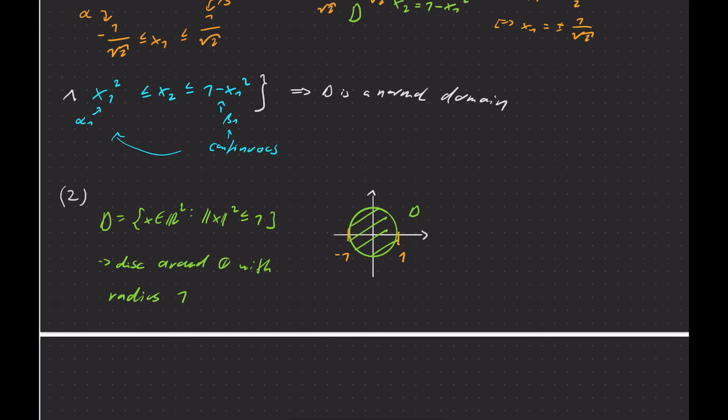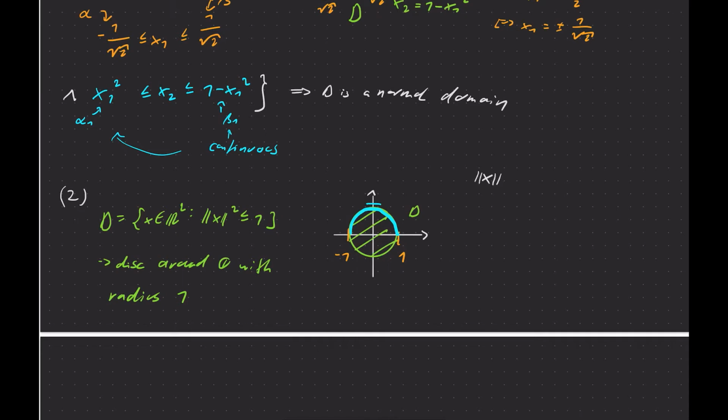And here, for example, this curve would provide an upper bound for x2, depending on the current x1 value. Question is, of course, how can we describe that curve?